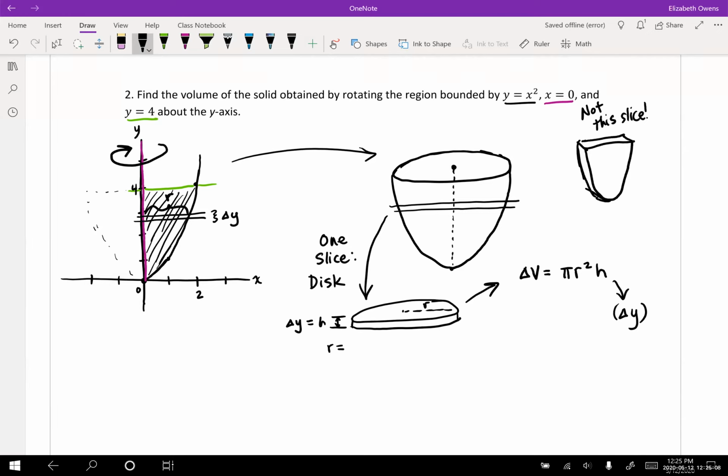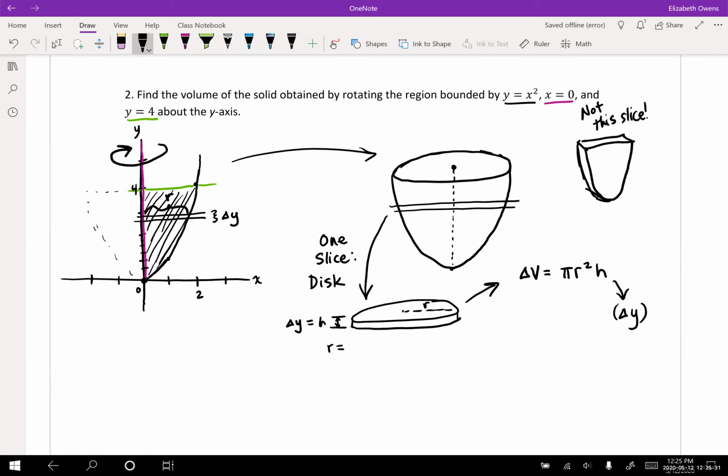We would find that by looking at the x value, because we are going to be looking for the different radii in terms of y here. At each y value that we come to, there's going to be a different radius. We start with a radius of 0 down here.